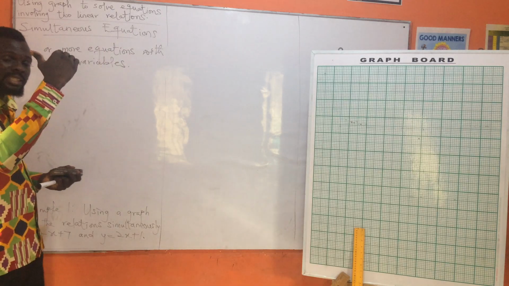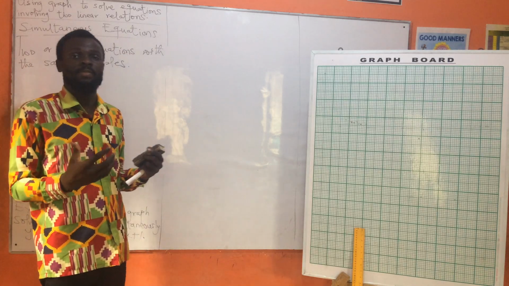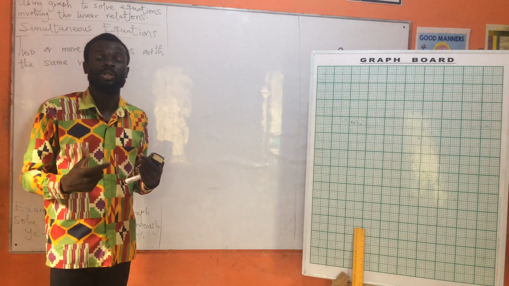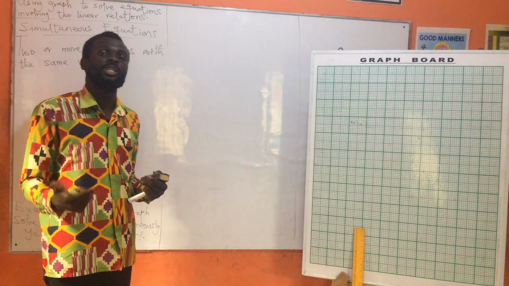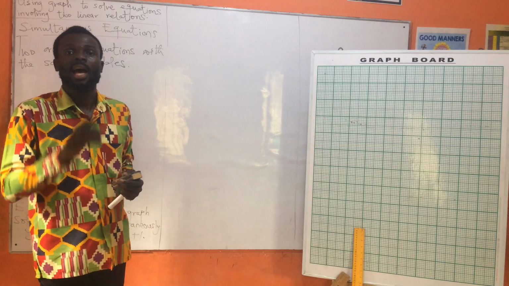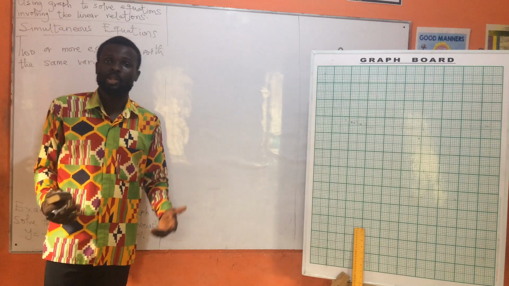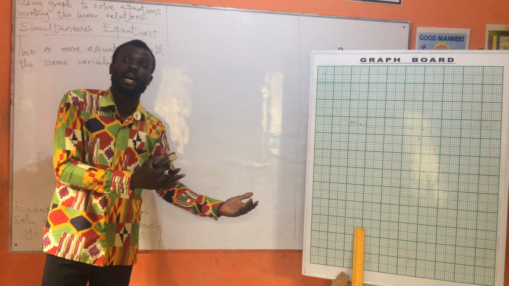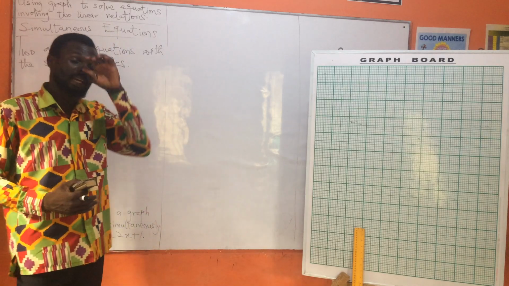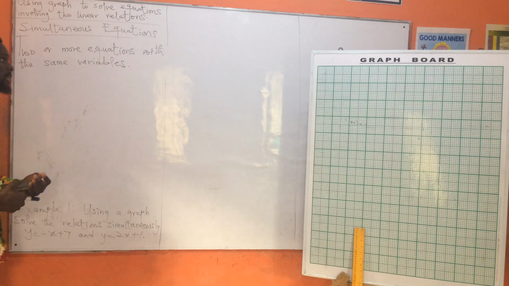Once the equations that have been given have the same variables, then we say these equations are simultaneous, so we can solve them simultaneously. As you are solving for one, you are also solving for the other at the same time.